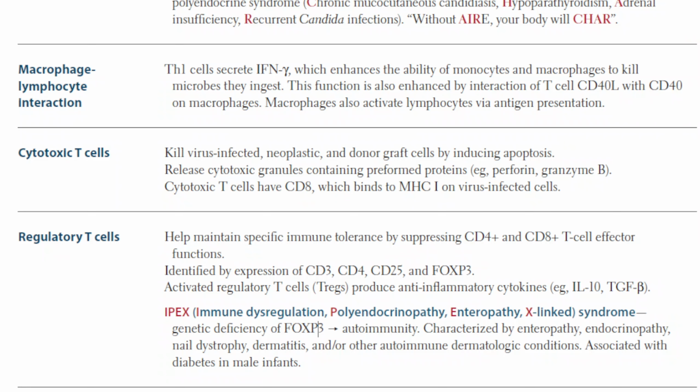Okay, so that's why this group of regulatory T cells are important. If you don't have this under control, you can have this disease called IPEX disease or IPEX syndrome: immune dysregulation, polyendocrinopathy, enteropathy, and X-linked syndrome.